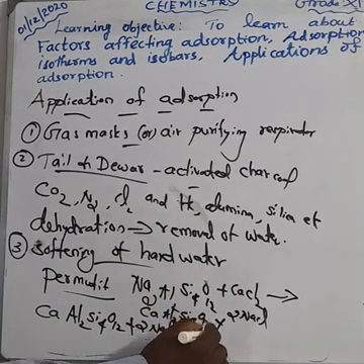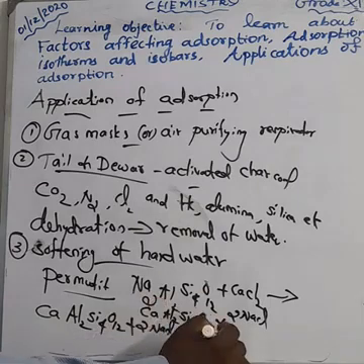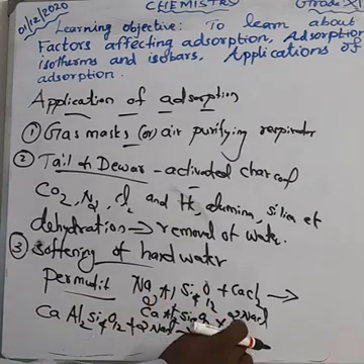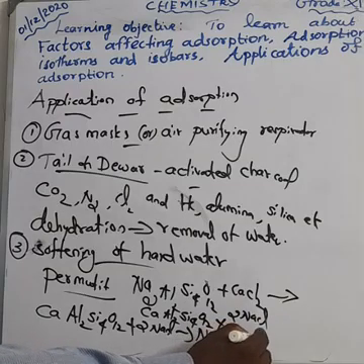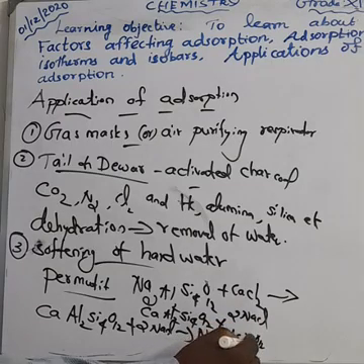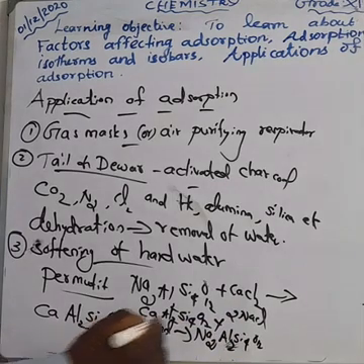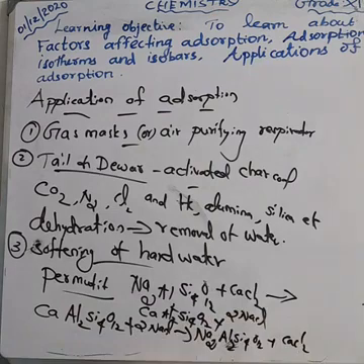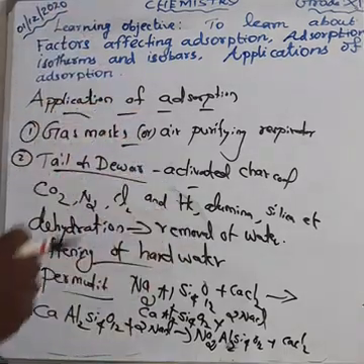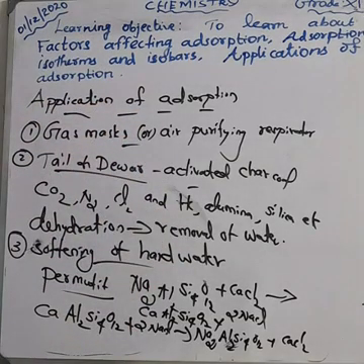So the product is Na2Al2Si4O12 plus CaCl2. This exhausted permutit is regenerated by adding a solution of sodium chloride. This is the third application.